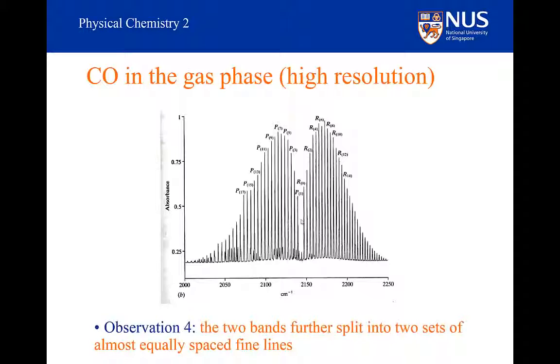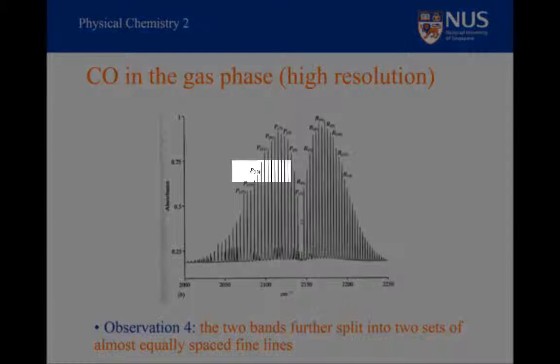So the next observation is that the bands can further split into two sets of almost equally spaced fine lines. Notice the difference between any two lines is roughly the same. However, closer inspection shows that these lines are getting closer together as you go to higher frequencies.